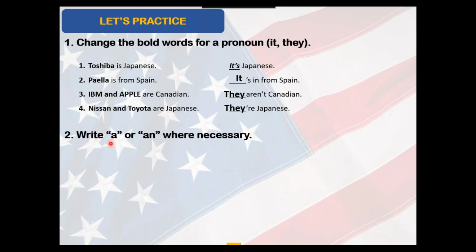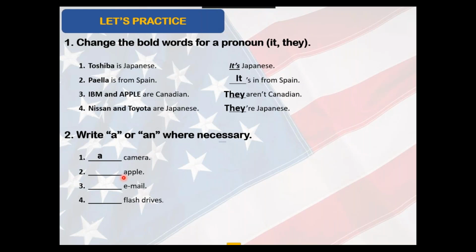Now we have to write a or an where necessary. Where necessary. Look at here. Camera, Apple, email, flash drives. Only where necessary. A or an, remember, is only for singular. Number 1. A camera. Remember, a camera. Now come on here. Apple.